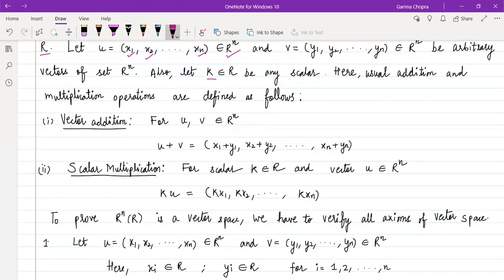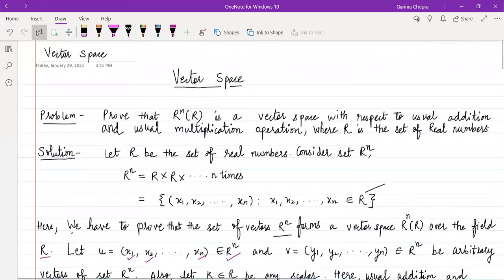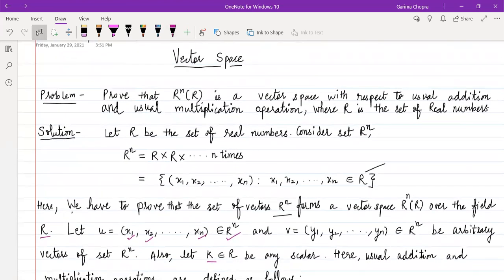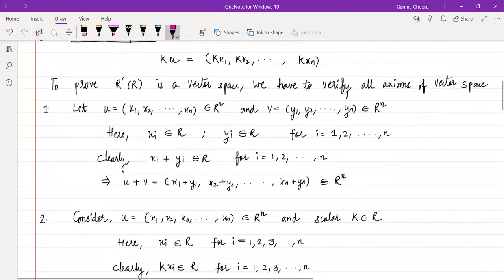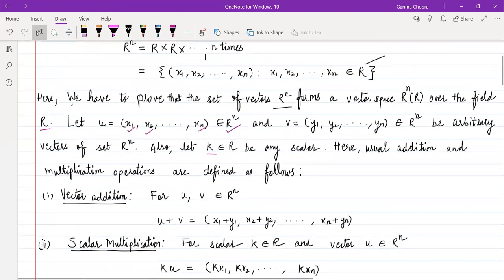We are adding here two vectors u and v, and when we are adding these two vectors by usual addition, it is simply the addition of two matrices of order 1 by n. We are adding their respective components, so it will be x1 plus y1, then x2 plus y2, and the nth component will be xn plus yn.